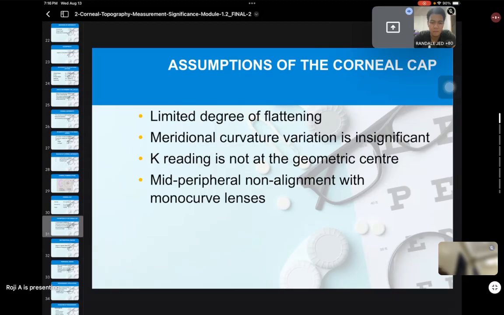Why did I say it's not going to be aligned with a monocurve? Because with a monocurve, you are saying if my cornea is a circle, then I go for monocurve. But my cornea is never a circle, correct? Because it flattens where? At the periphery.